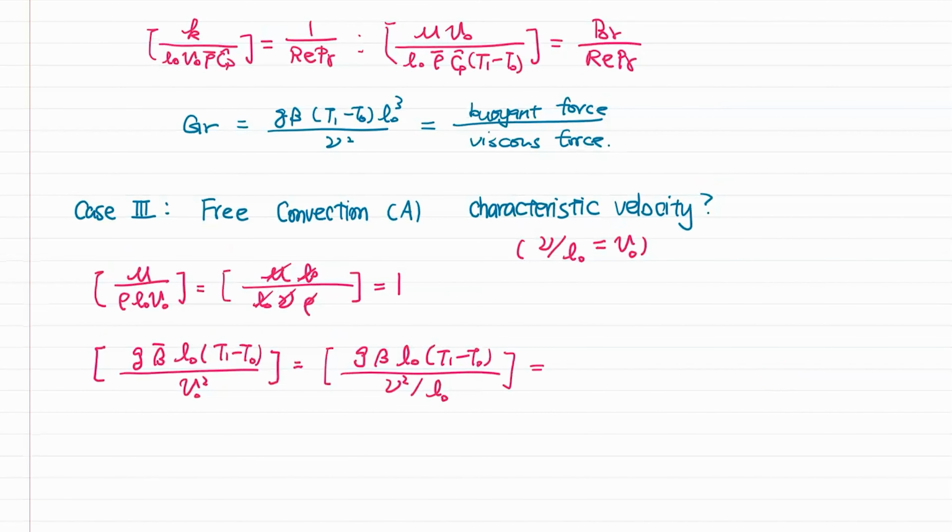So it becomes g beta L naught cubed (T1 minus T naught) over the square of the kinematic viscosity, and that equals the Grashof number.